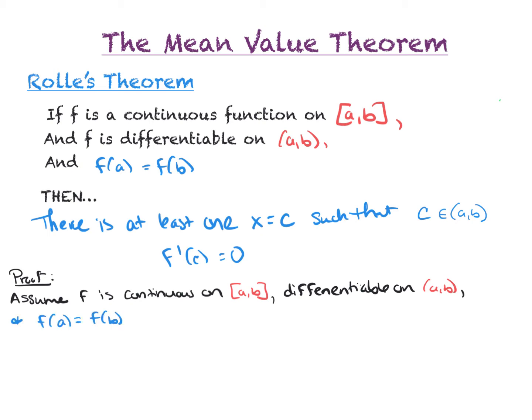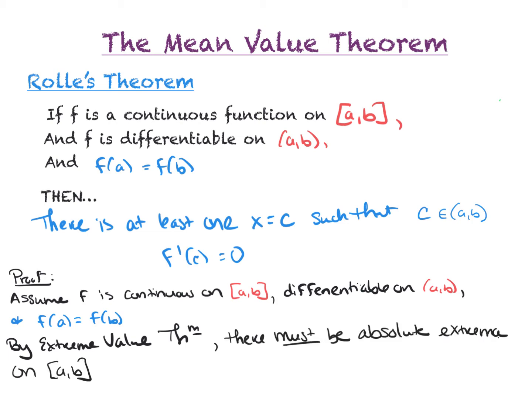Now we know since we have a continuous function on a closed bounded interval from the last section, we know we can use the extreme value theorem. Remember, the extreme value theorem says that if we have a continuous function on a closed bounded interval, then we must have an absolute max and an absolute min on that closed interval.